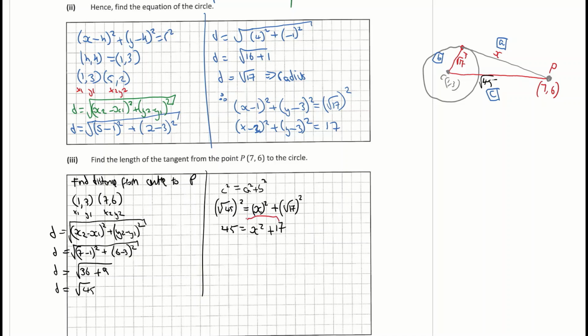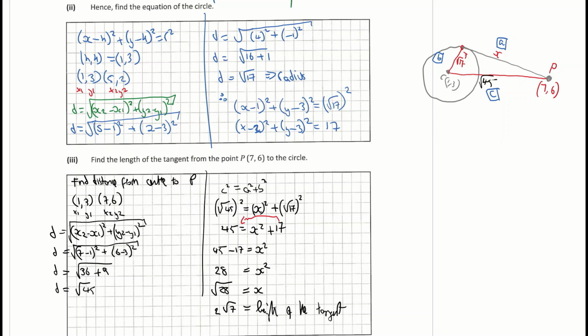Taking 17 from both sides, or moving over that 17, will give me 45 take 17 is equal to x squared. So x squared is equal to 45 take 17, which is 28. And to get x on its own, I'm getting the square root of both sides, which is the square root of 28, which is the same as 2 root 7. So that's my length of the tangent.